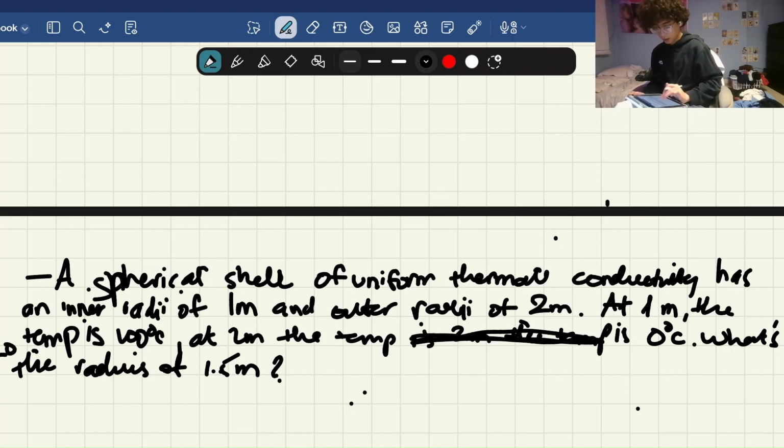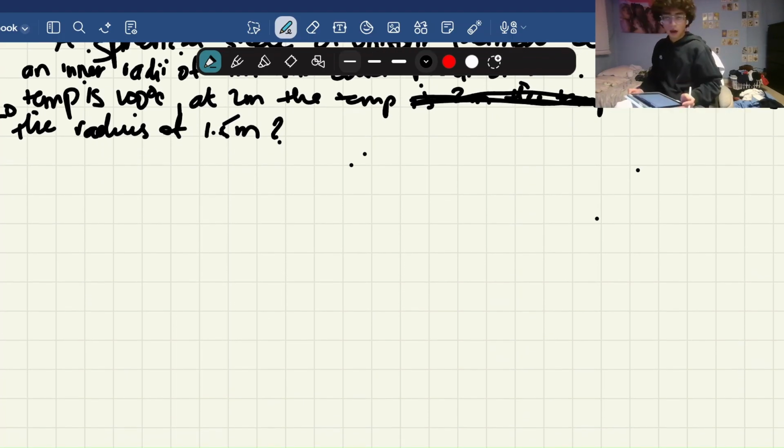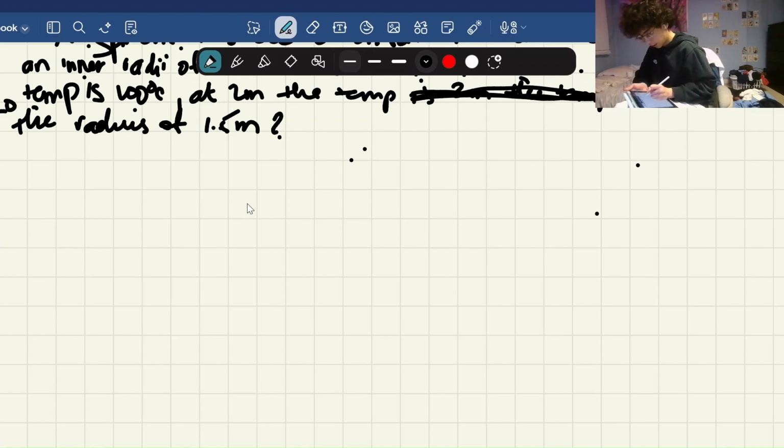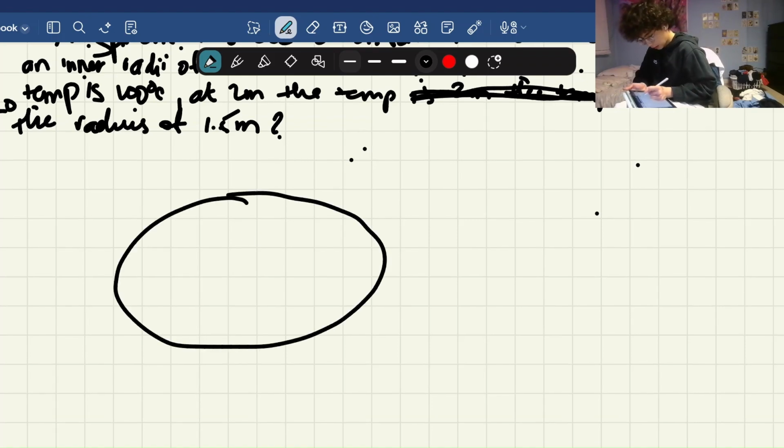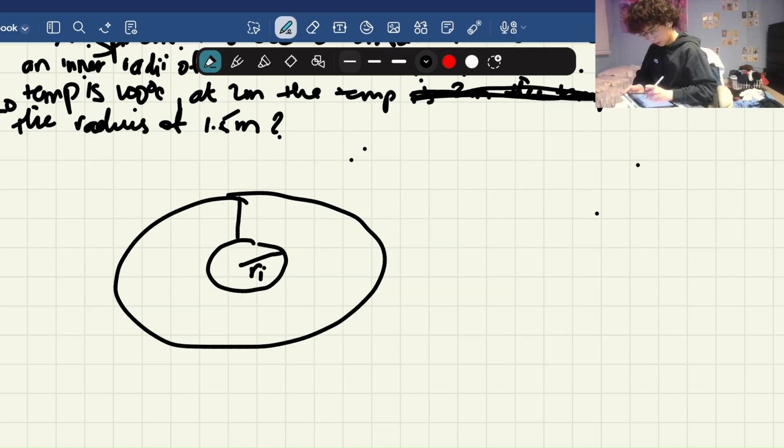So first, we're gonna draw a graph. Let's say it's a spherical shell. This is the inner radius, Ri, and then this is the outer radius, Ro.